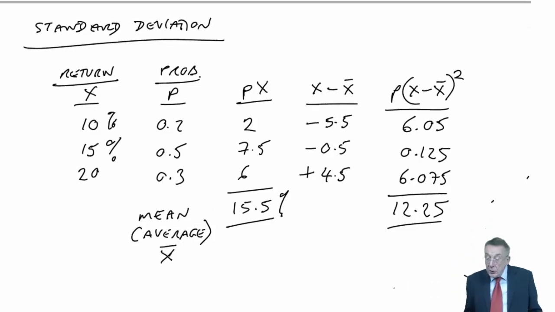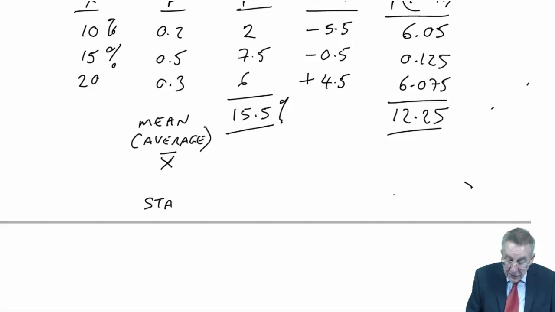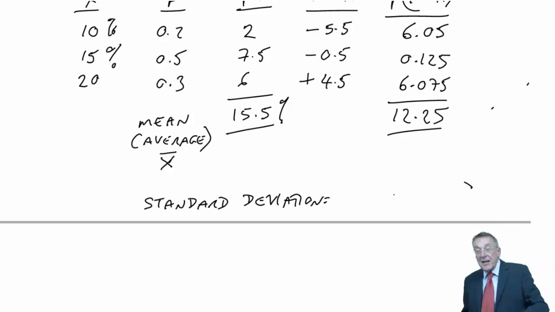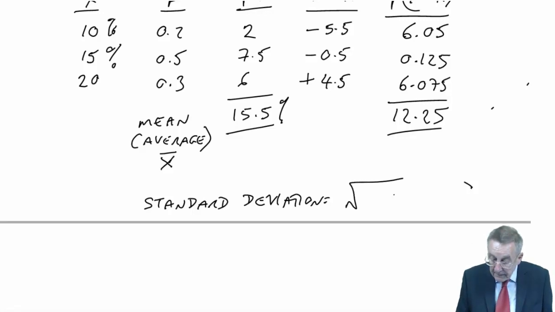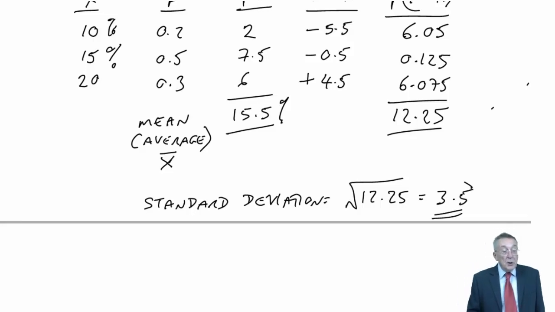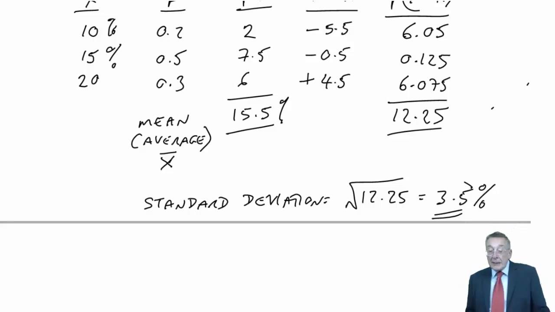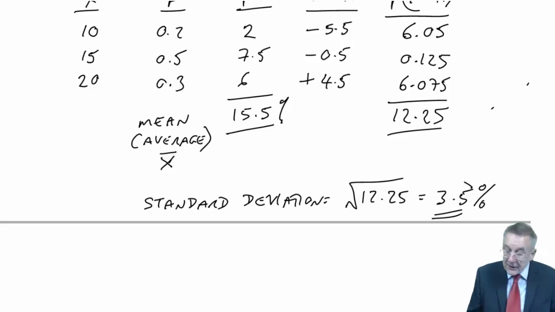So to get back to the same units, the measure we use, the standard deviation, takes the square root of 12.25, which is 3.5. Because the returns were all given in percents, the standard deviation is 3.5%. Had the returns all been in dollars, the standard deviation would be in dollars as well.